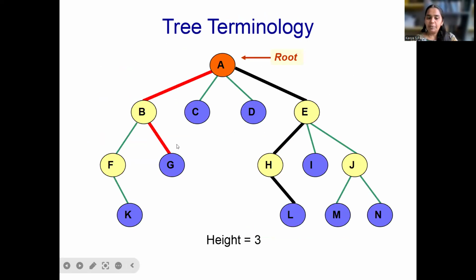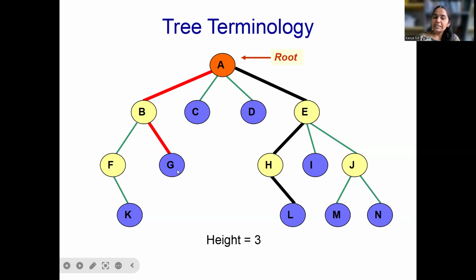Now, with this picture, we can assume that this is the root of the tree, and talking about the longest leaf node, say these are the leaf nodes. The ones colored in blue are the leaf nodes. So talking about C and D, their path is only one, right?